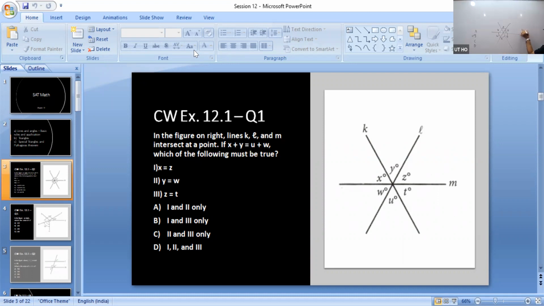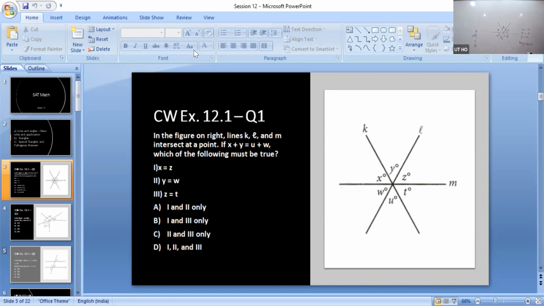So W and Z are vertically opposite angles, so they are equal. X equals T. Y equals U. If one condition is X plus Y equals T plus U, you can see U and Y are the same, so we can cancel them.